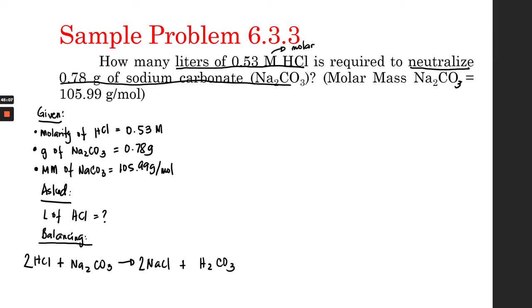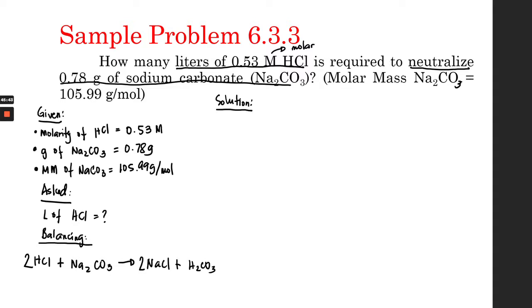We have two atoms of Cl, which is equal to the two atoms of Cl in our product. Here we have a total of two atoms of hydrogen in our reactant, and also two atoms of hydrogen in our product. So this equation is now balanced. After balancing the equation, let's do our solution.